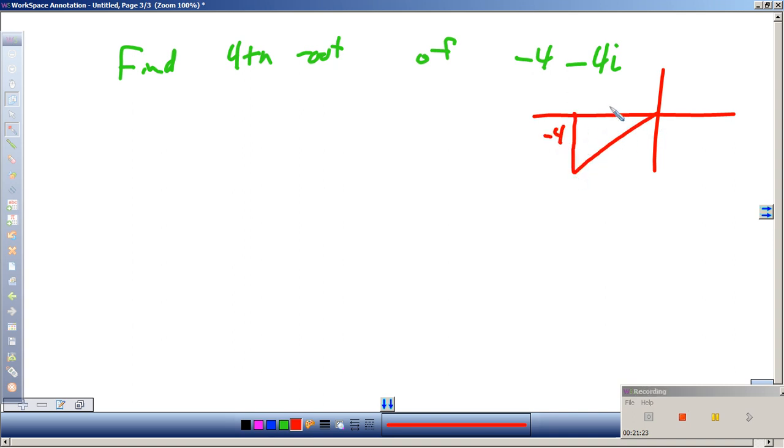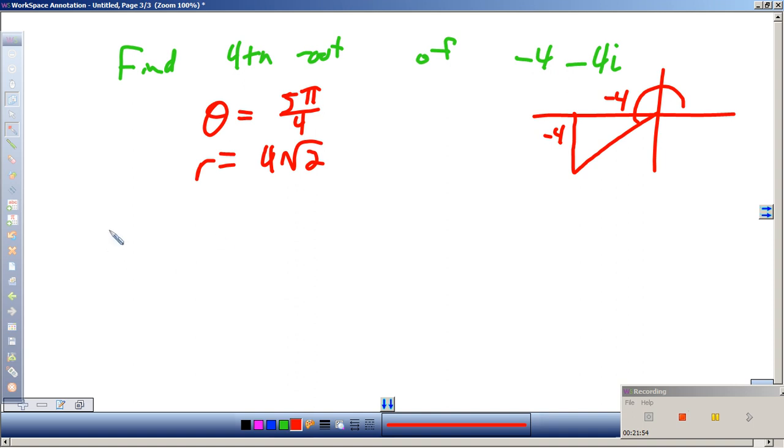So this is -4, -4. What's the angle going to be? Yeah. So what's the angle from here all the way around? 5 pi over 4. Okay. And what's the radius going to be with these? Are they on 45, 45, 90? 4 square root 2.